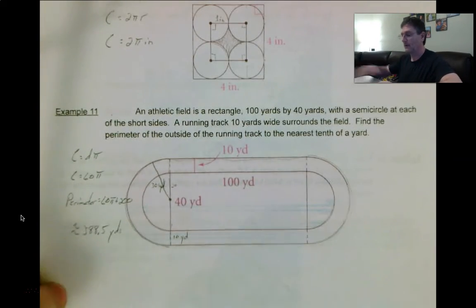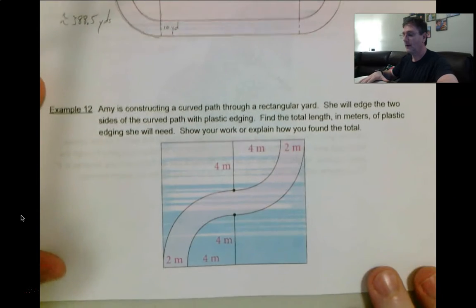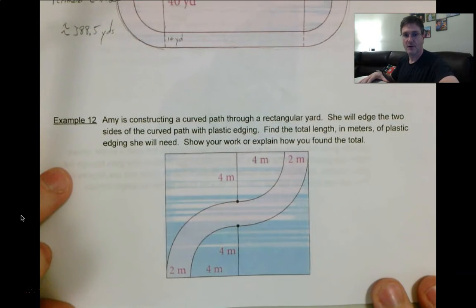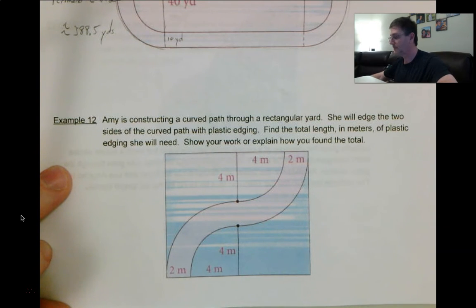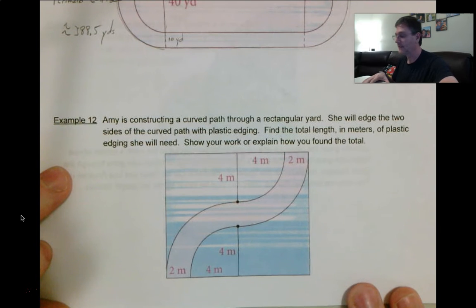Okay. Example 12. Amy is constructing a curved path through her rectangular yard. She will edge the 2 sides of the curved path with plastic edging.